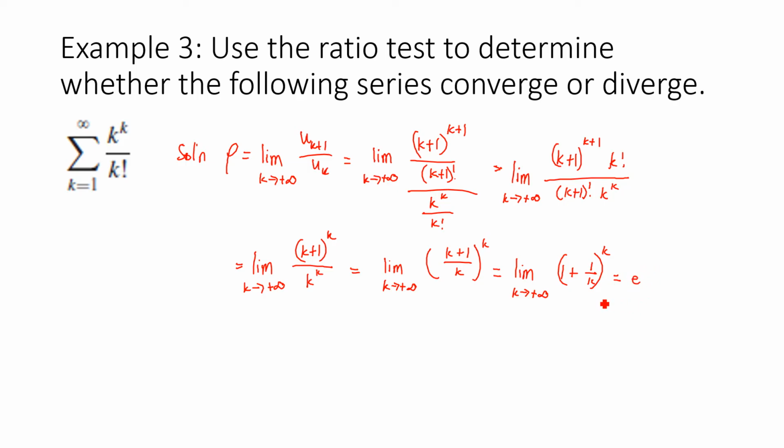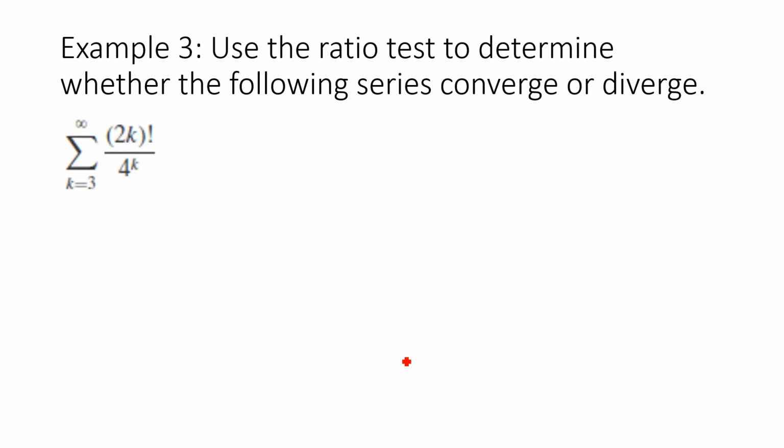So since the rho is equal to e, and we know that e is greater than 1, therefore this series diverges. So we have now answered that this series is a divergent series. So let's have another example.